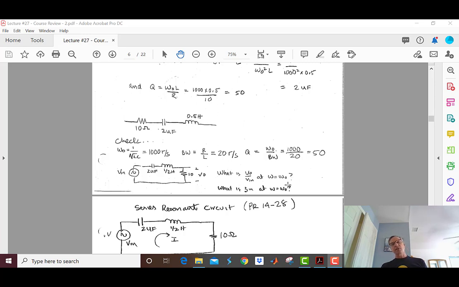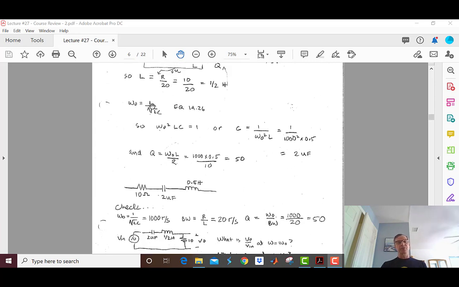I want you to say that what a series resonant circuit does is this impedance plus this impedance equals 0. For a resonant circuit at the resonant frequency, this impedance plus this impedance equals 0. I mean, that's where we get this formula.